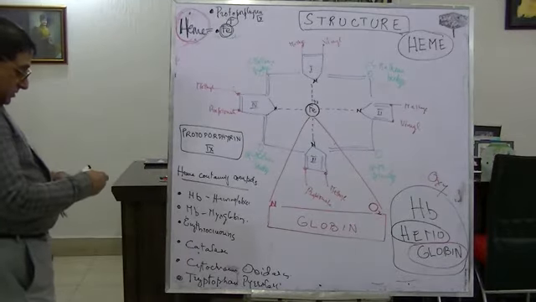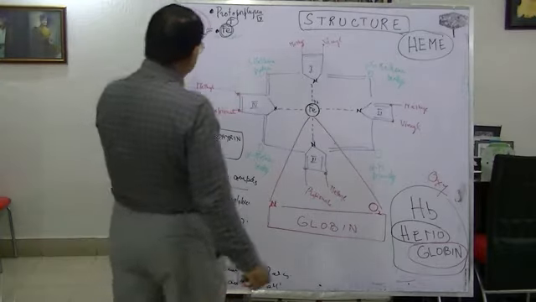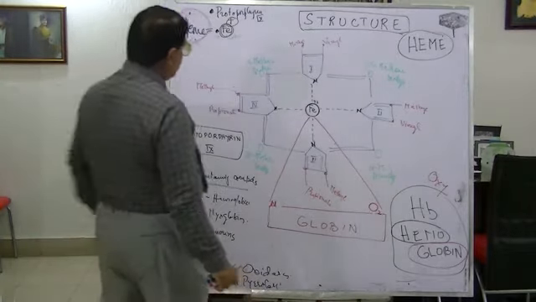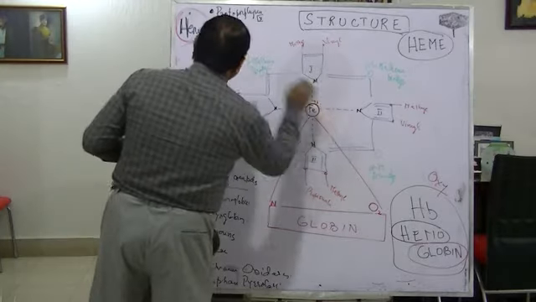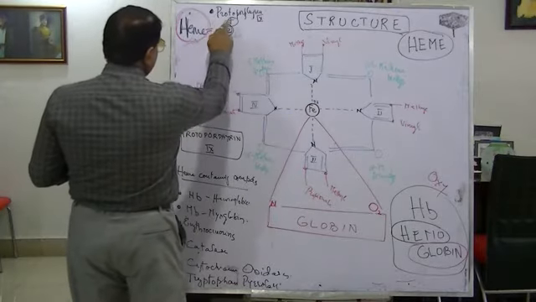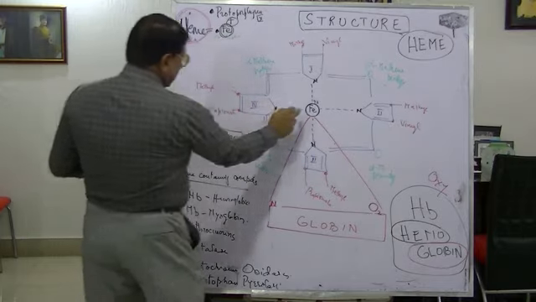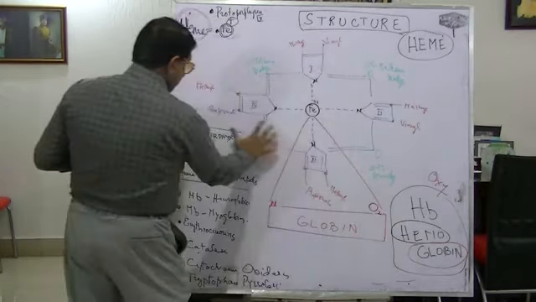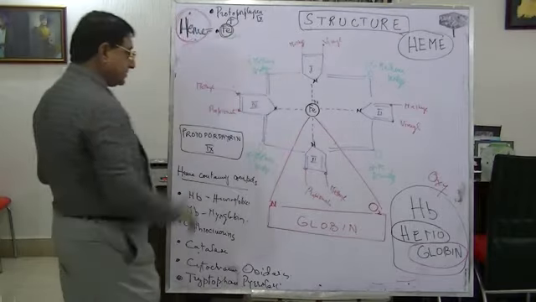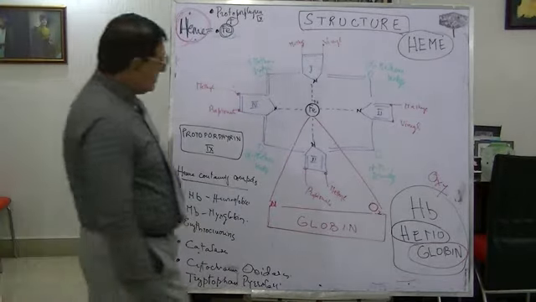First of all, what I have done up till now, in the last episode, I told you about different steps in the synthesis of heme, protoporphyrin. And then, when iron attaches, this was the protoporphyrin ring nucleus. So it forms hemoglobin.